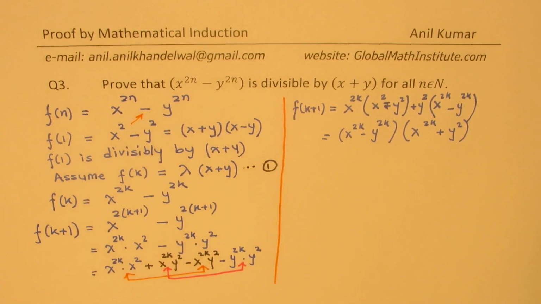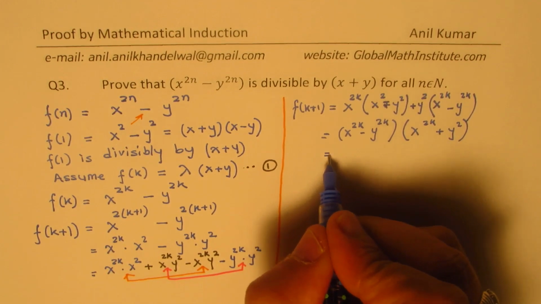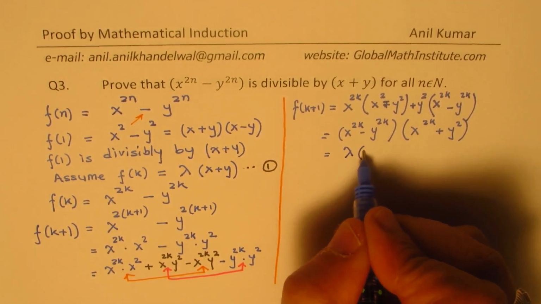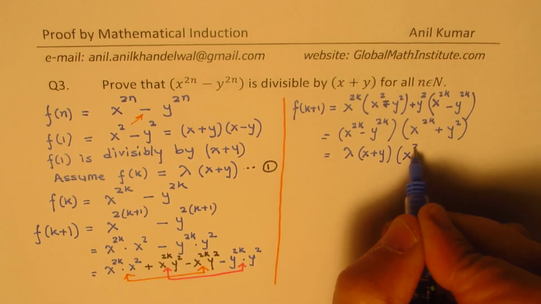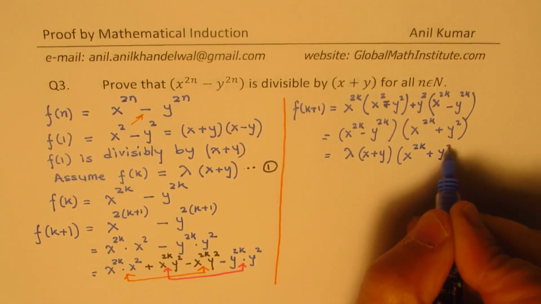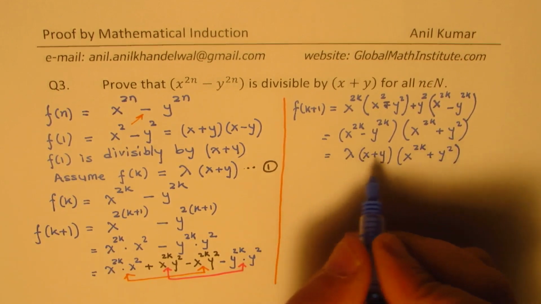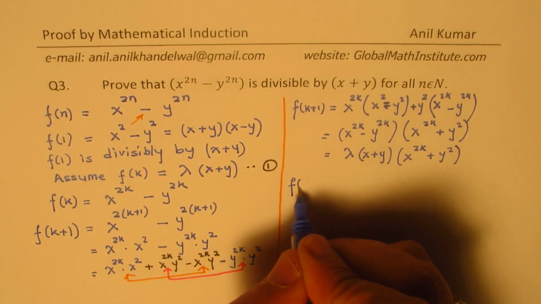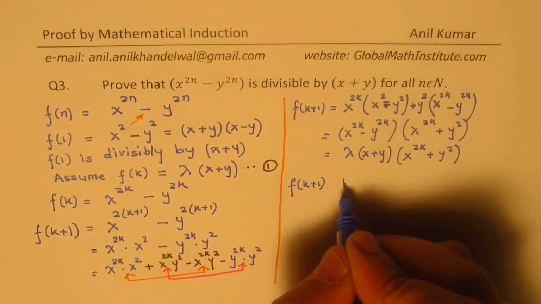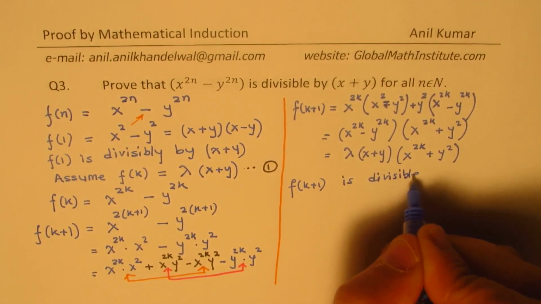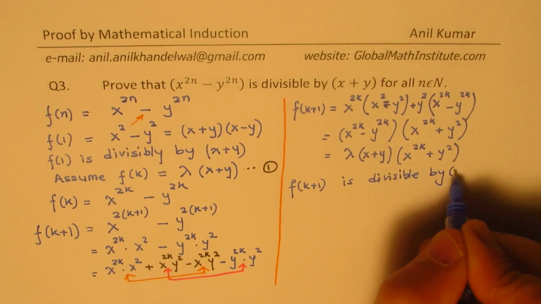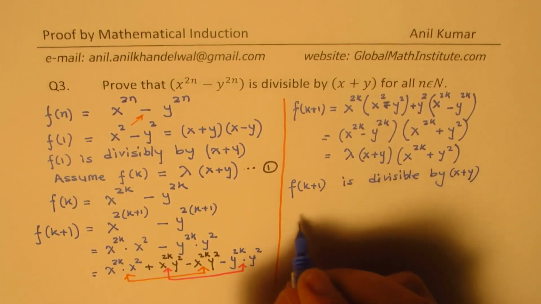So we are going to substitute this here. So we can write this as lambda times x plus y, and here we have x to the power of 2k plus y squared. So clearly we have shown that f of k plus 1 is divisible by x plus y.